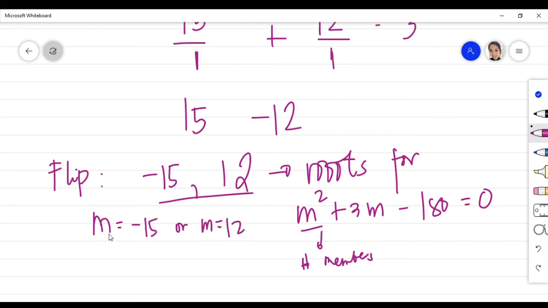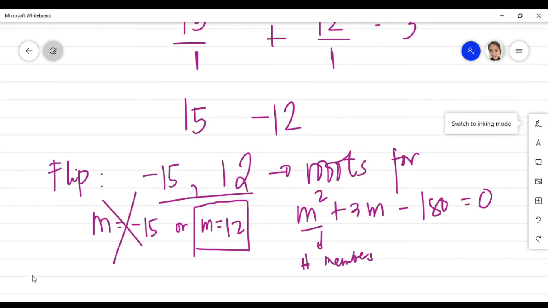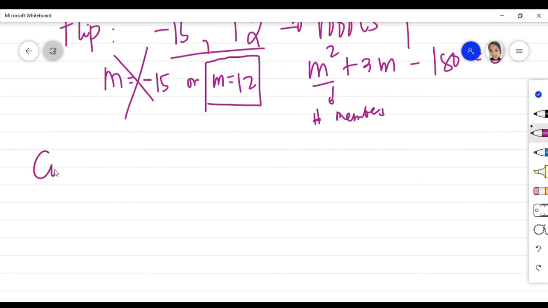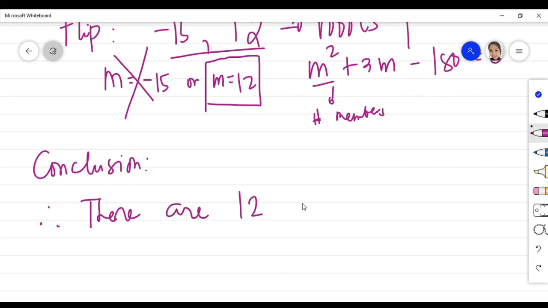But since m represents the number of members in the club, negative 15 is not possible. So we will choose m equals 12 to be the number of members in the club. To answer the question, how many members are there in the club? Therefore, there are 12 members in the club.